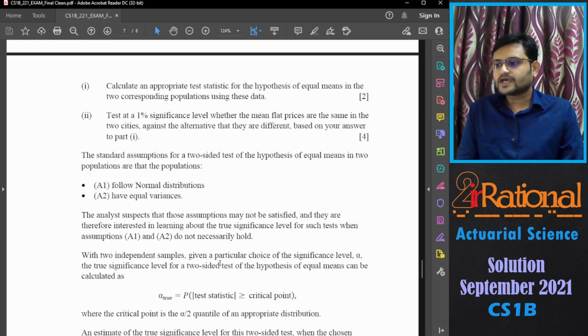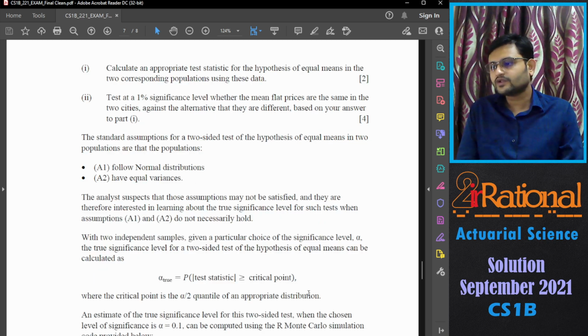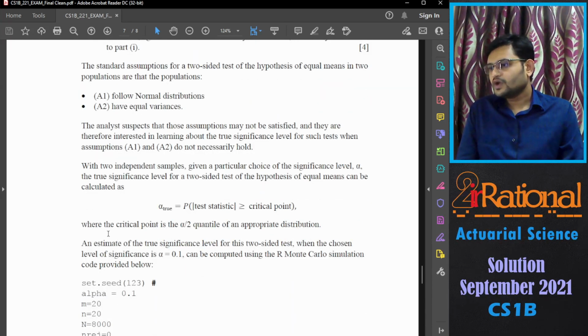With 2 independent samples, given a particular choice of significance level alpha, the true significance level for a 2-sided test of the hypothesis of equal means can be calculated like this. So they have given us a formula to calculate our true alpha, where the critical point is the alpha/2 quantile of the appropriate distribution.